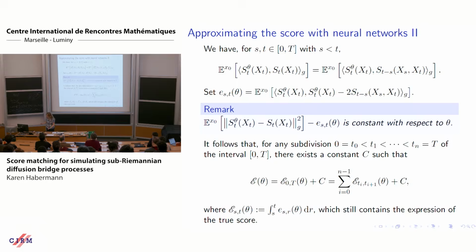Okay, so now this by itself, as I said, still looks like it's not going to be particularly helpful because these curly E_s, or 0t, still depend on the true score.